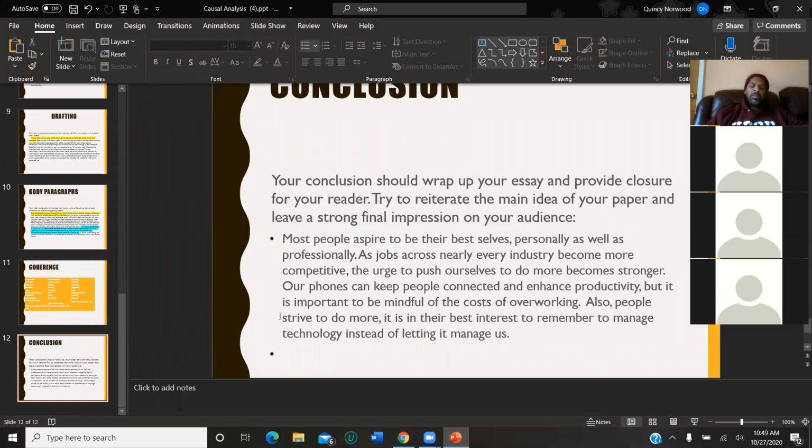You can reiterate some of the points you've been making throughout your paper. You can certainly reassert the idea that you presented in your thesis statement, but just don't introduce any new material in your conclusion. Also, try not to start your conclusion with "in conclusion."